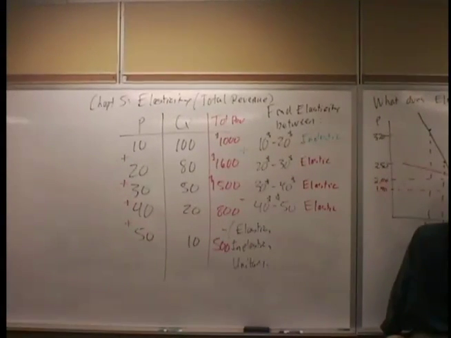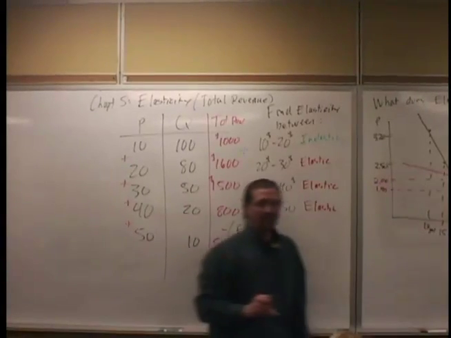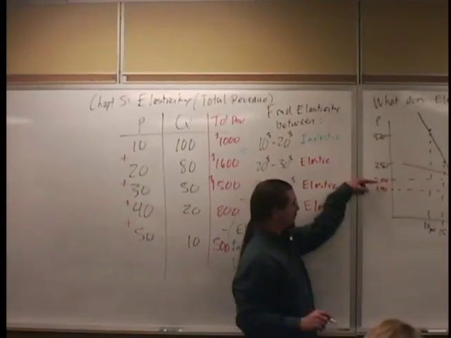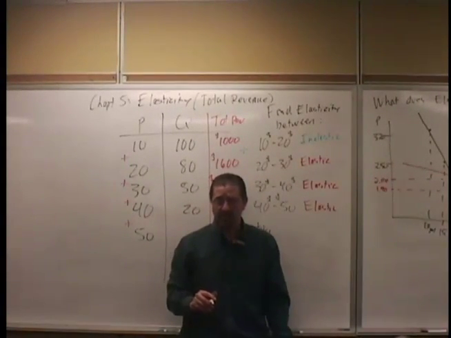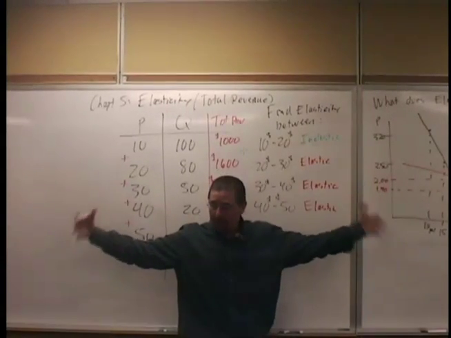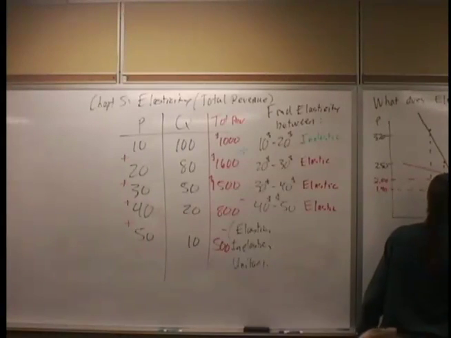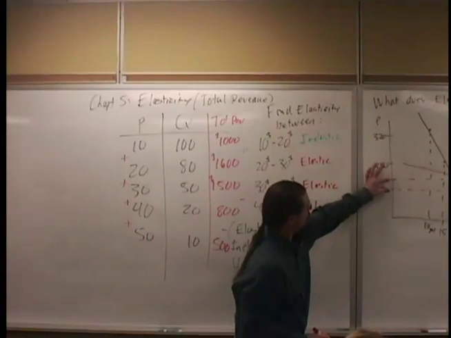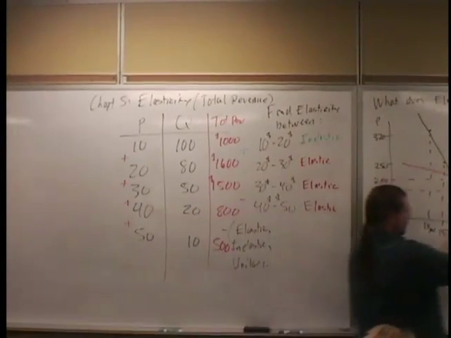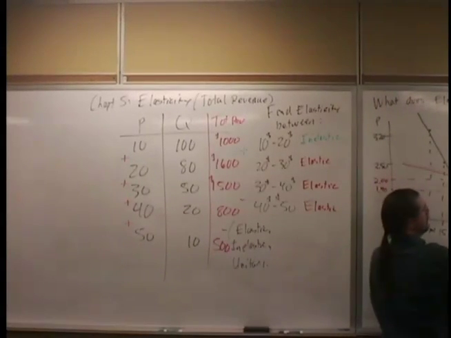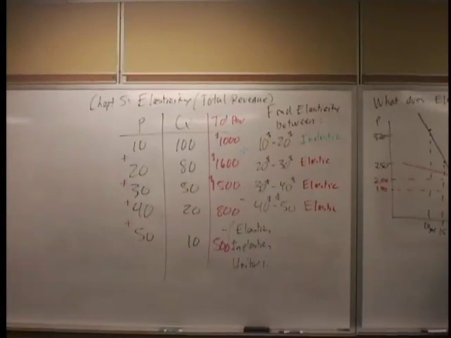I didn't even make my line big enough. What's the change in quantity because we lowered the price 10 cents? A big, huge difference in the change in quantity. So small change in price, big change in quantity, right? More elastic equals flatter demand.